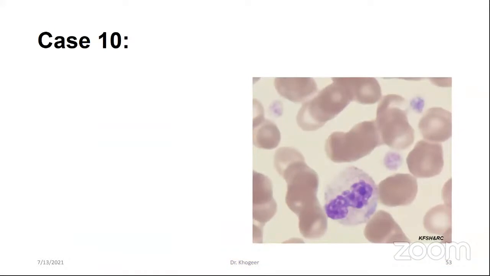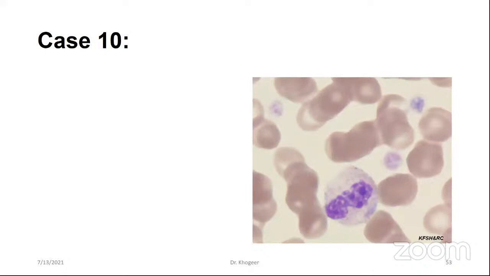Okay, case 10. There is no case scenario. Any suggestion what this abnormal neutrophil is called? May-Hegglin. Another suggestion, yes.